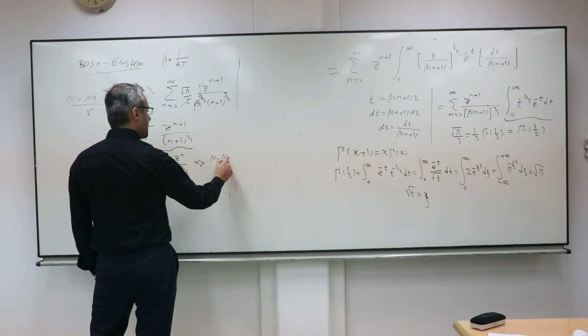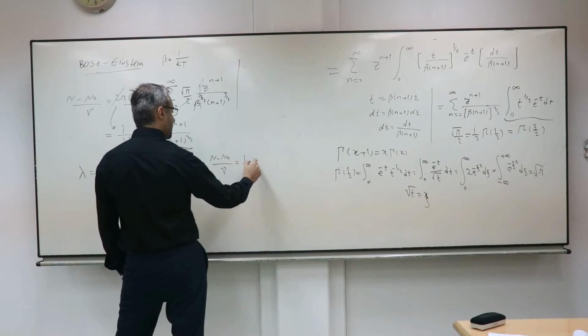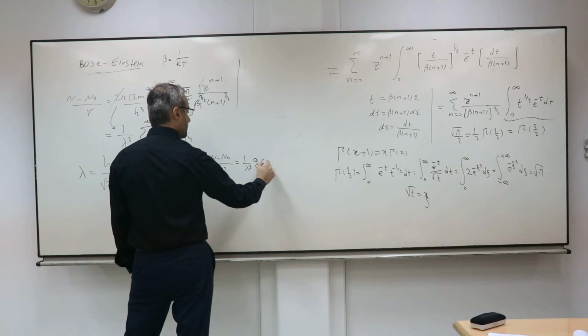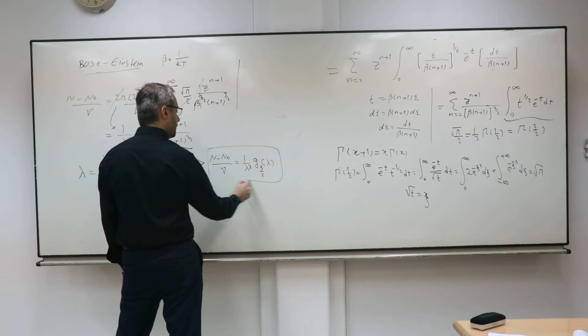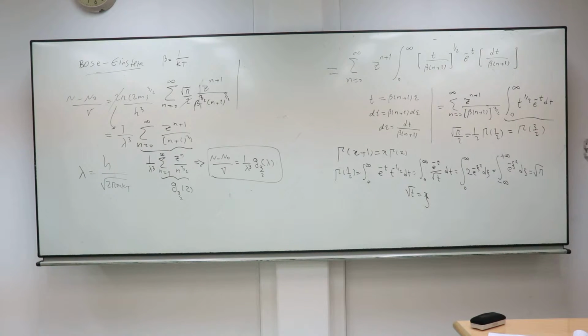So n minus n0, finally we find that it's related to the cubic power of the inverse of the thermal wavelength multiplied by g 3 over 2.